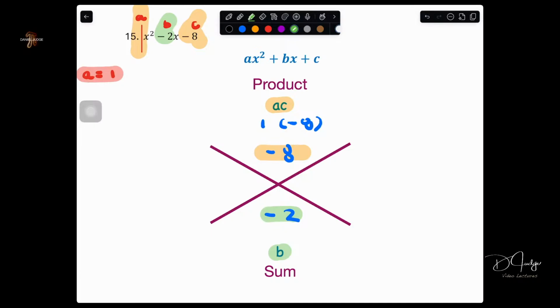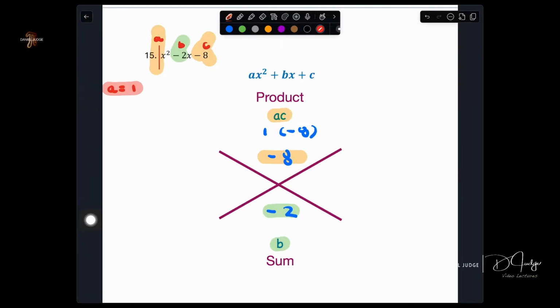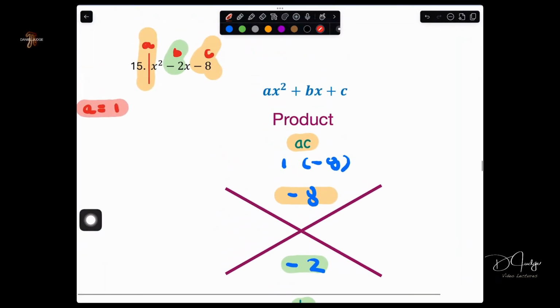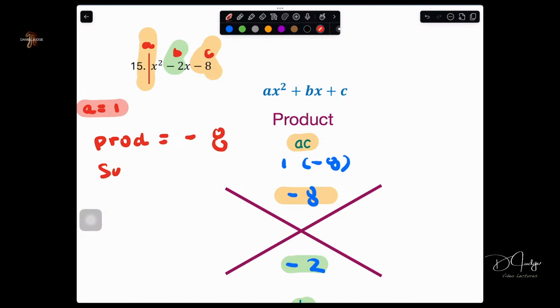Because that's the B value now. So when we use this information, here's what we're going to need to find: two numbers whose product is negative 8 and whose sum is negative 2.